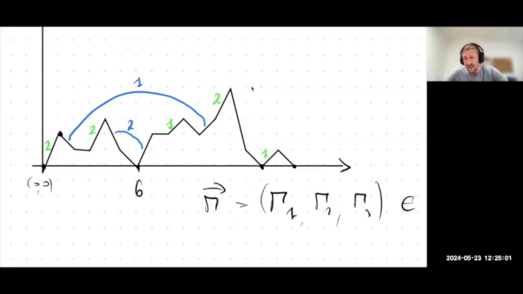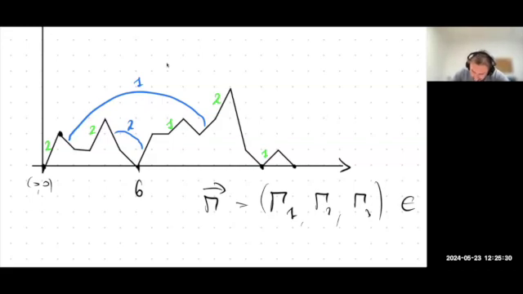So the definition of Łukasiewicz path, it was a ribbon path such that all the non-paired up steps are only of increment 1. They only have increment 1. So this means that this is not a Łukasiewicz path, okay? Because in Łukasiewicz path I cannot have steps which are going high.